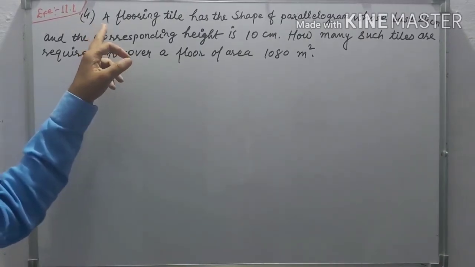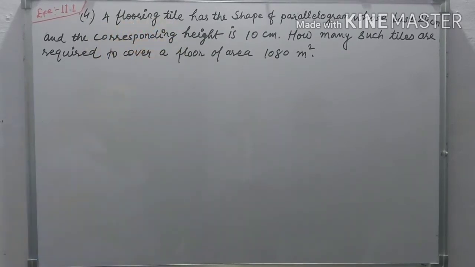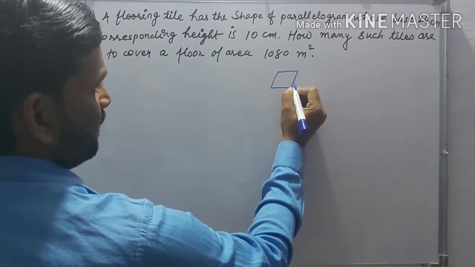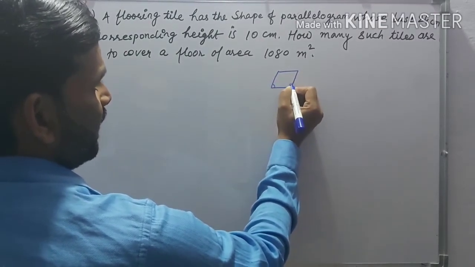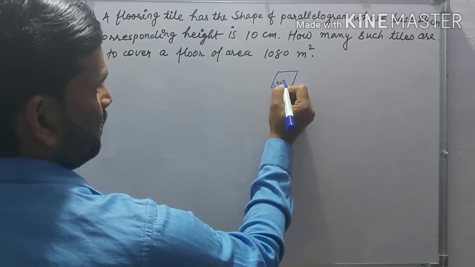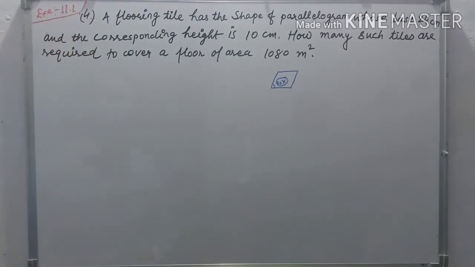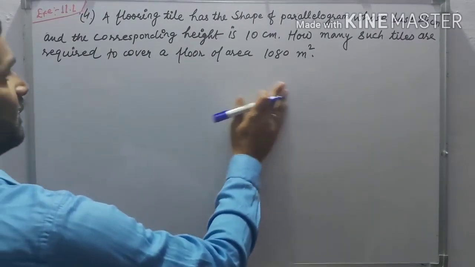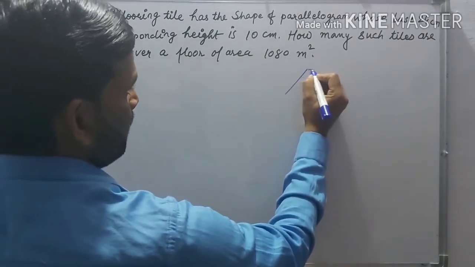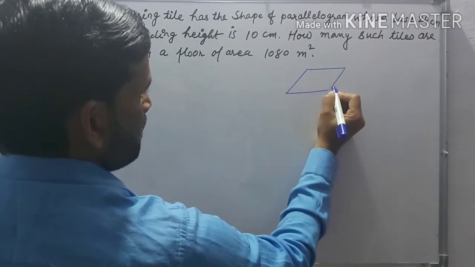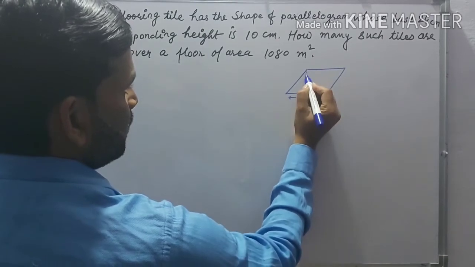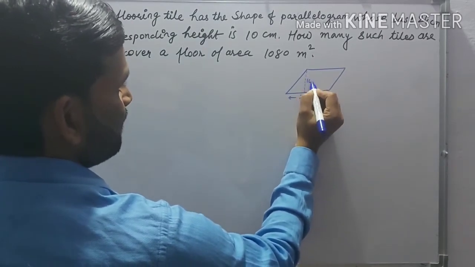Question 4. A flooring tile has the shape of a parallelogram. You now understand the parallelogram shape is like a rectangle, but the angle is not 90 degrees. Its base is 24 and the corresponding height is 10 centimeter.